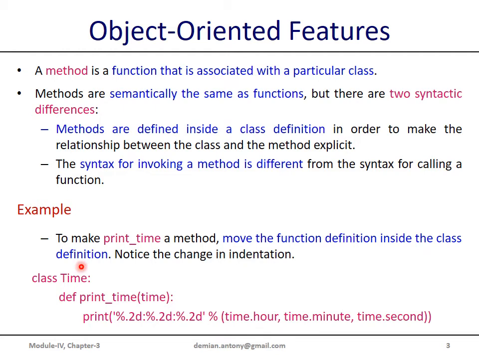The class definition goes like this: class time, then we write a function. Now it becomes a member function or a method, because it is a part of a class, having one line as the body of this method. Just note the indentation. We have an indentation for a function as well as the function body.